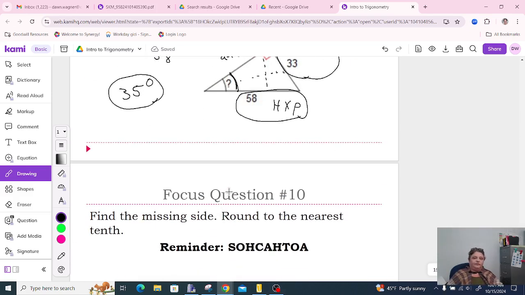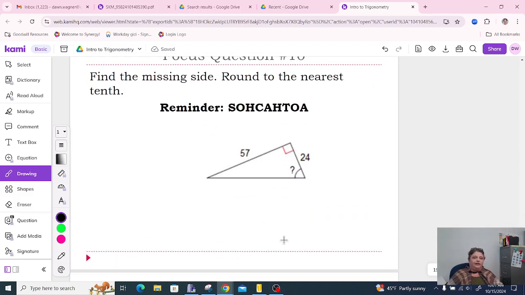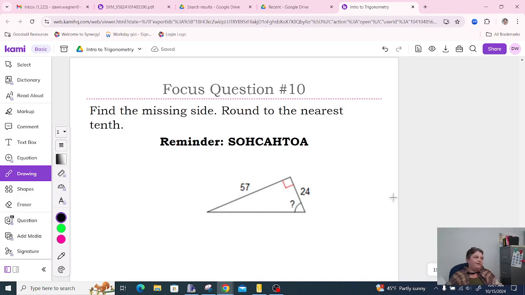Nice. Okay, so here's another example. Here's where I'm going to put my finger, right? Okay, and I'm going to go opposite. Hypotenuse is here. What do I label 24 as? Adjacent.